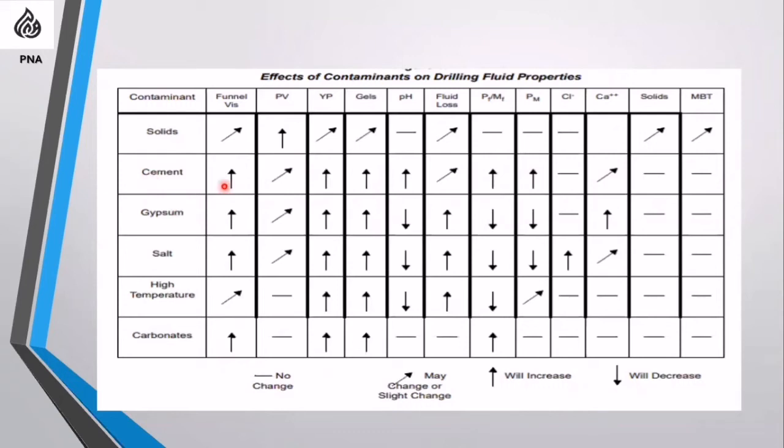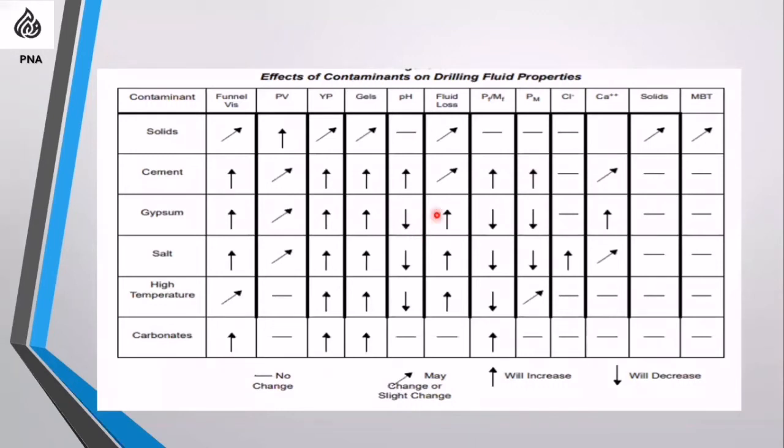Gypsum will increase the funnel viscosity. Here, same as cement, but the difference is the pH will drop because gypsum is an acidic formation. In cement the pH will be high; in gypsum the pH will be down.